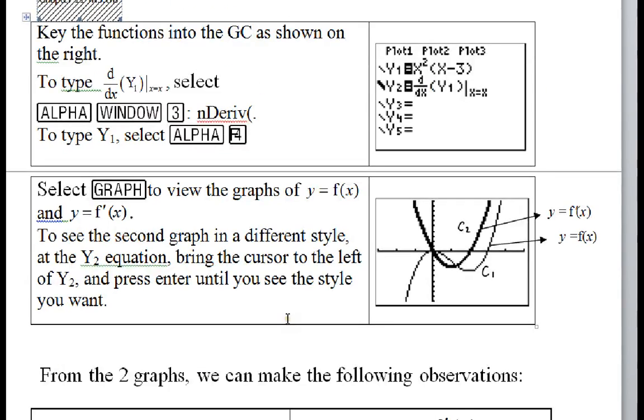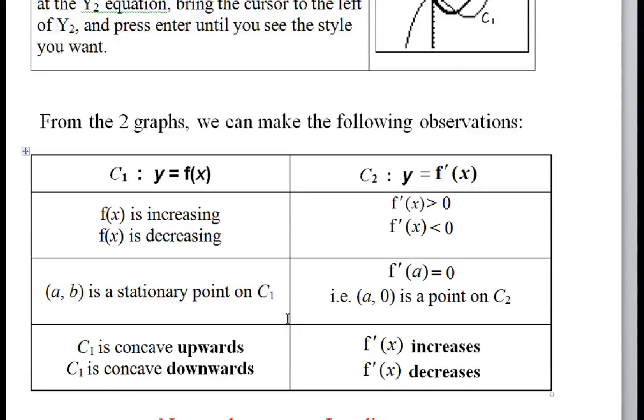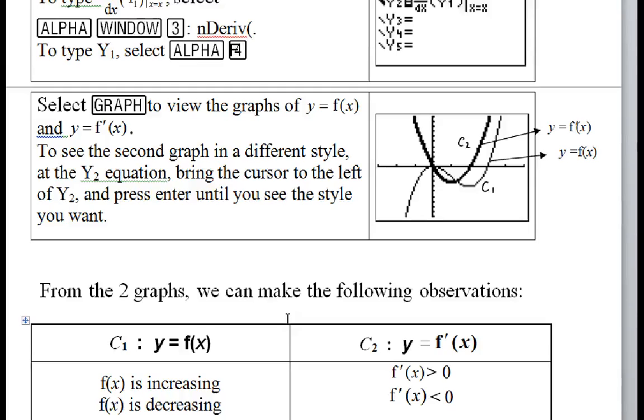Okay, maybe what we can do is you look at your own sketch and we can do a few deductions. Let's look here. This is the deduced f prime x graph. This is the original C1. Can we do a few deductions?